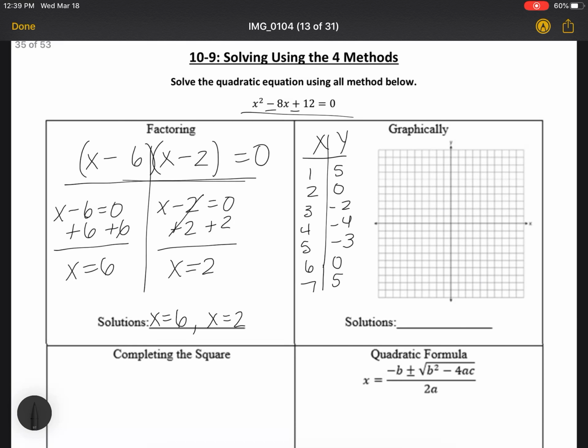And this looks like a 10 by 10 graph. Oops, this should be a negative 3 here. 3, negative 3.